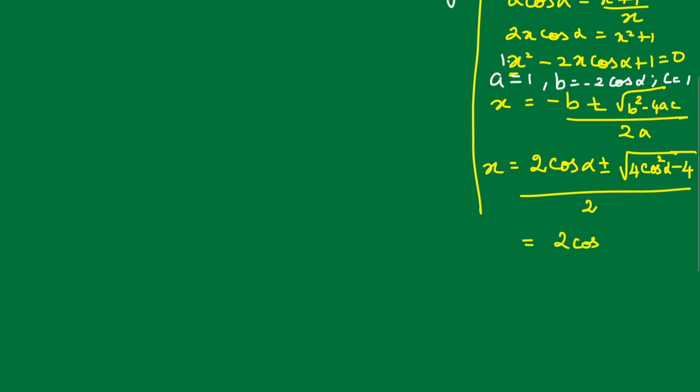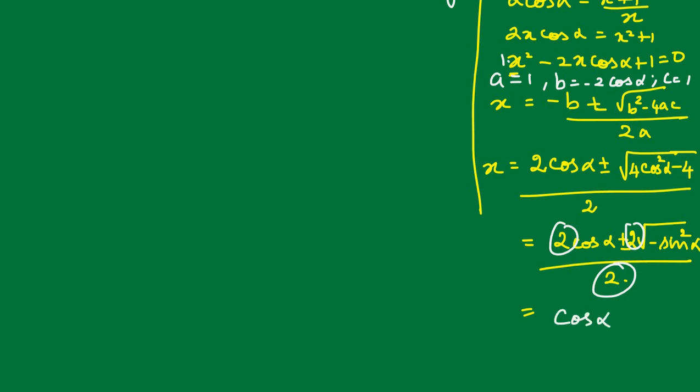Now we get this is equal to 2 cos alpha plus or minus root of, cos square alpha minus 1 is minus sin square alpha. Taking 4 out of the root gives us 2, divided by 2. Dividing throughout by 2, this 2 gets cancelled. So we get cos alpha plus or minus sin alpha, taking out of the root, into root of minus 1, which is i.